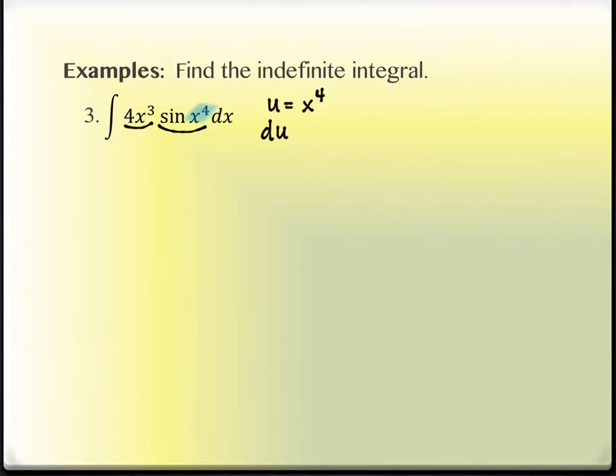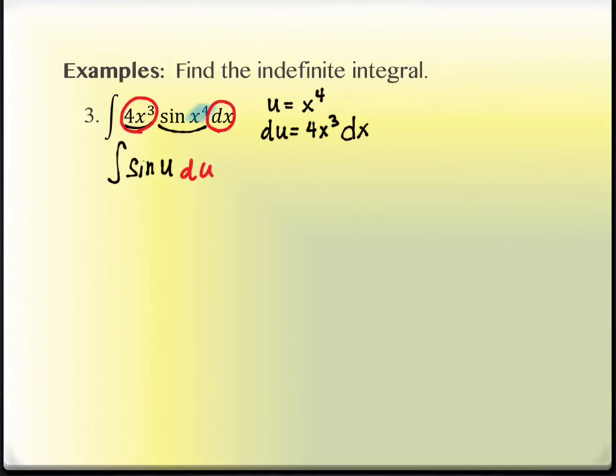So then what is my derivative of that? 4x cubed dx. So while it's not written in sort of the same format, my 4x cubed dx, which is at the beginning and at the end, is going to be replaced by the du. Sine is going to stay. And then my x to the 4th is my u.